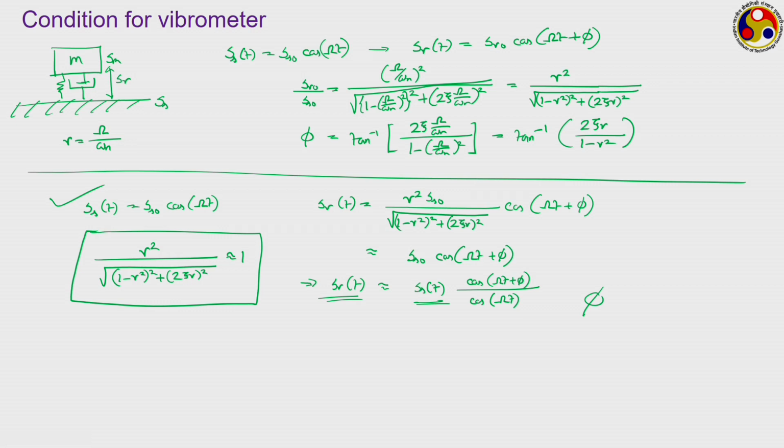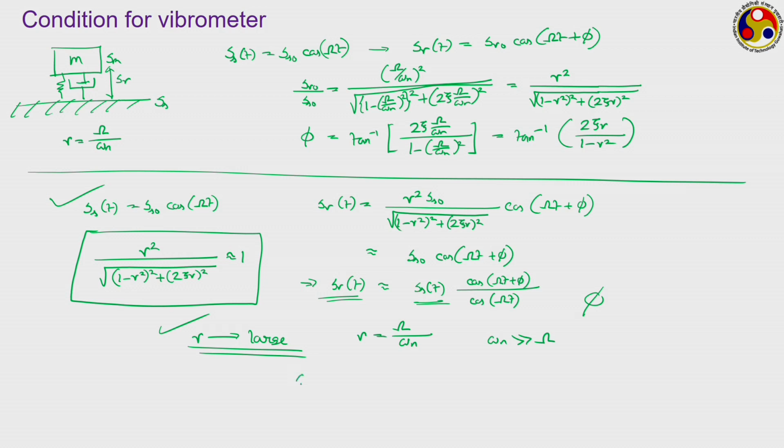Whenever you are designing a vibrometer, we have to ensure that this condition is satisfied. This condition can be satisfied when the frequency ratio r is large. r is the ratio of the imposed frequency to the natural frequency, so r can be large only when omega n is much greater than the imposed frequency, that is, the natural frequency of the system has to be much greater than the imposed frequency.